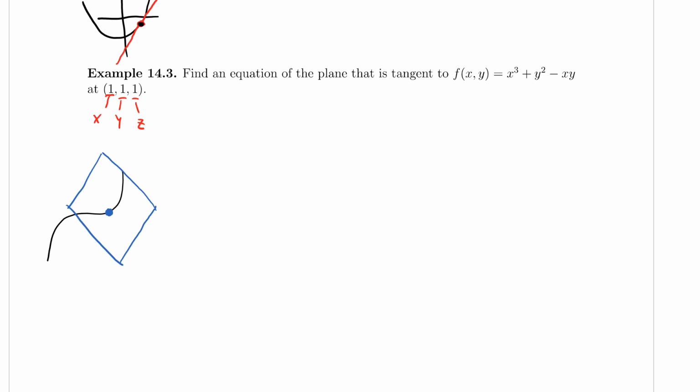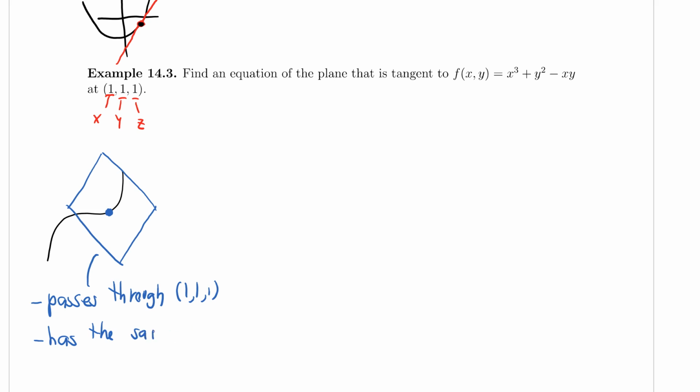So what I'm going to do is this. I want to make sure that my blue plane has to pass through the point 1, 1, 1 that we have earlier. And it actually also needs to have the same slope as the surface.